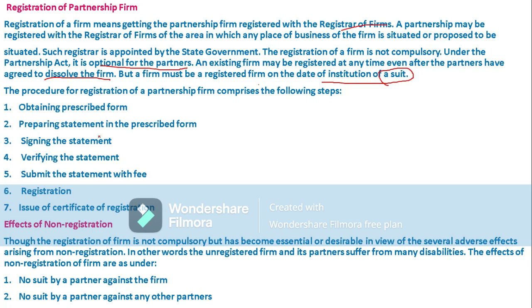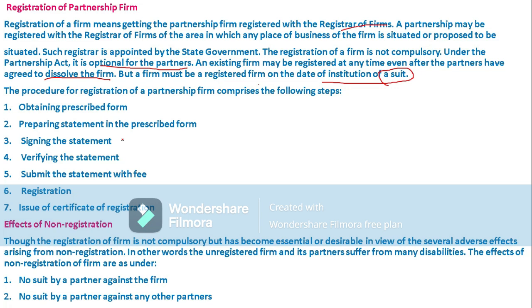So likewise, certain legal aspects should be followed. So preparing the statement in a prescribed form according to the legal aspects and signing the statement. So all the partners should sign on that statement, on that form.